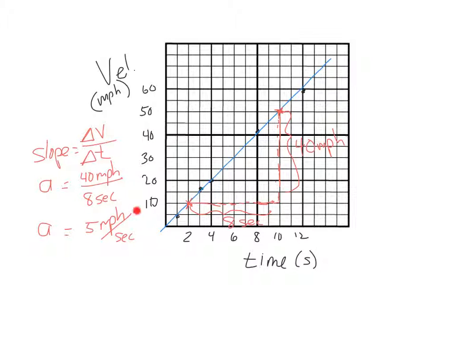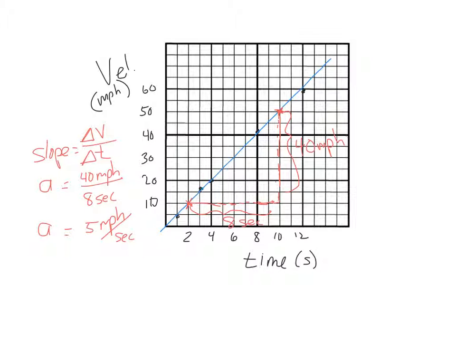Now, how does this mean acceleration? Well, think about it. If your velocity is changing by how much? By 5 miles per hour. And how often is that happening? Well, it's happening every second. So after 1 second, if you started from rest from 0 miles per hour, then how fast would you be? Again, after 1 second.